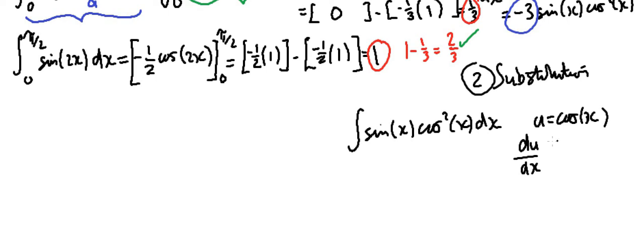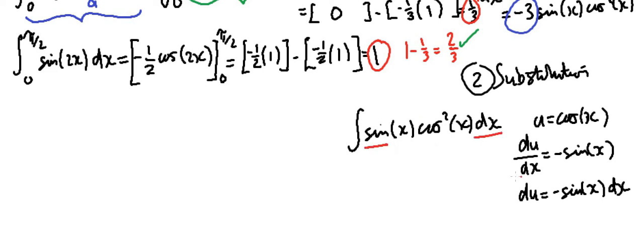Du by dx of that is minus sine x. Remember we want to replace the x's in our integral, so that means that du is equal to minus sine x dx. Let's go back to our integral. I've got dx here, and I've got sine here, but this is minus sine x dx.